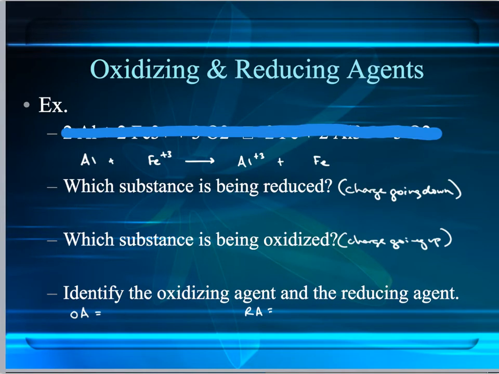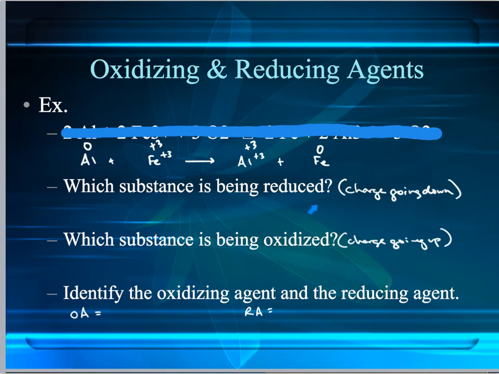Okay, so what about if I'm looking at it from a reaction? If I'm given a chemical equation here, can I figure it out? Well, again, in a moment here, you'll see all the rules for this, but basically elements by themselves have an oxidation number of 0, and ions have an oxidation number of whatever the ion is. So from reactant to product, we're looking at what's going up and what's going down.